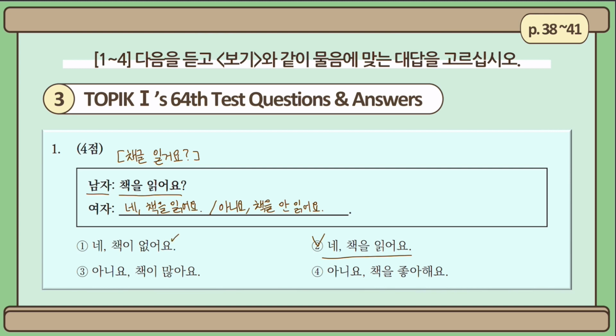For 네, 책이 없어요 to be the answer, the question should be 책이 없어요. For 아니요, 책이 많아요, the question should contain the opposite situation, such as 책이 적어요. For 아니요, 책을 좋아해요. Again, as the answer begins with 아니요, the question might have been 책을 싫어해요?